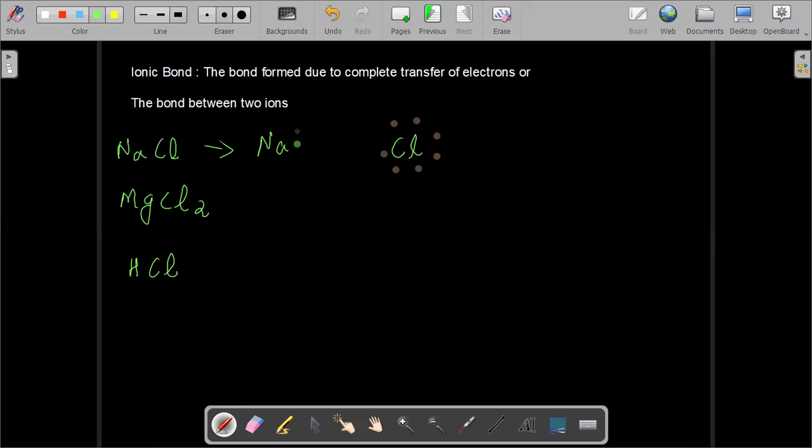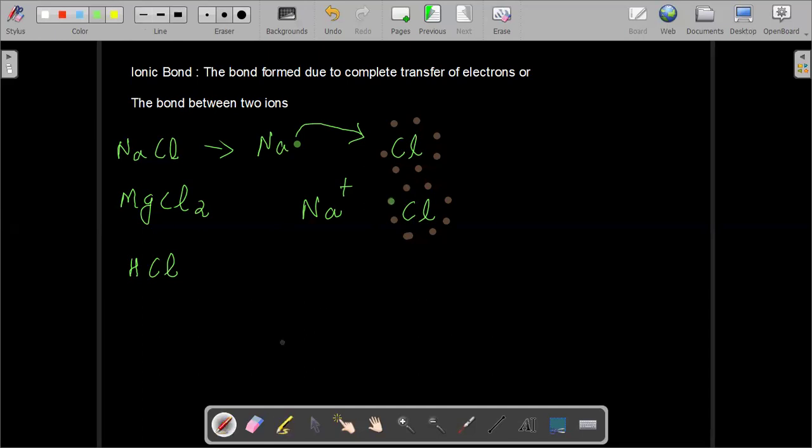Now sodium donates 1 electron to chlorine. So when sodium donates 1 electron, it becomes an ion, Na plus, and chlorine gains an electron to become Cl minus, whose electron dot structure would be like this: 1, 2, 3, 4, 5, 6, 7, and 1 electron from sodium.